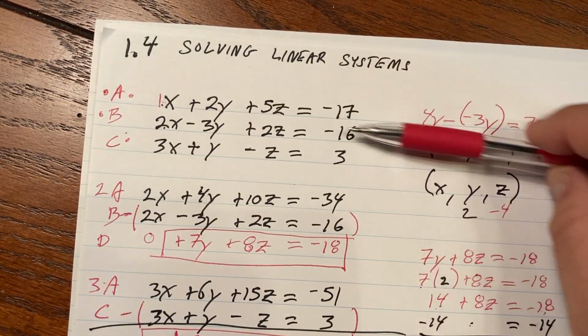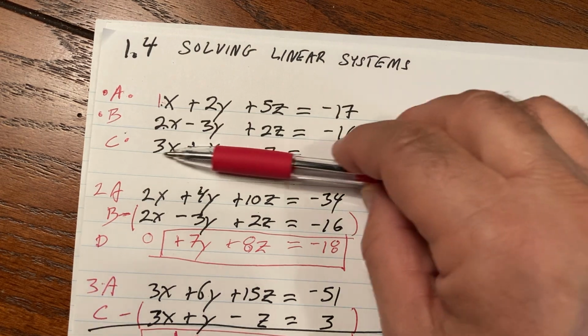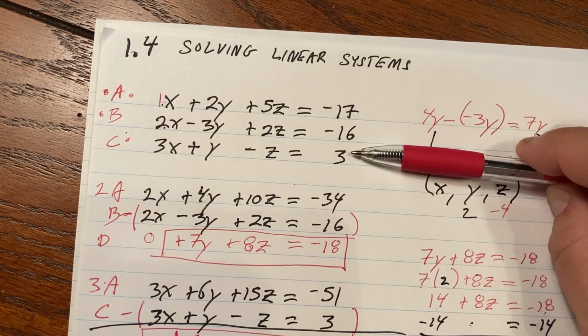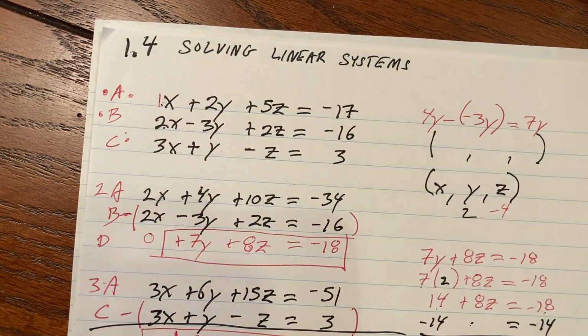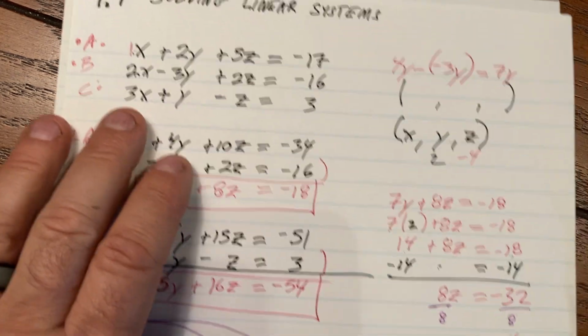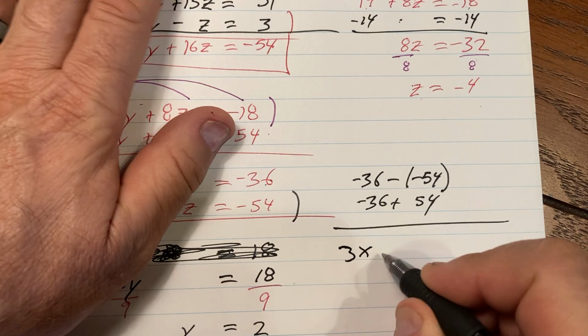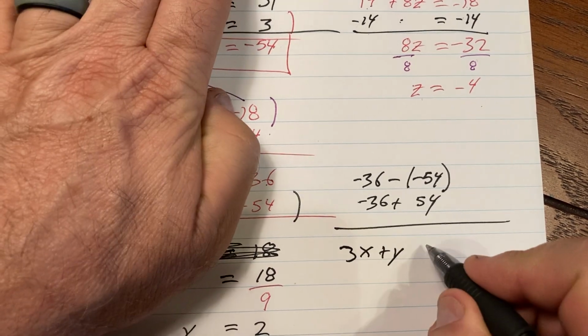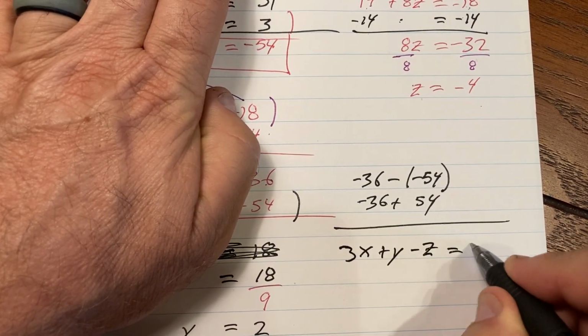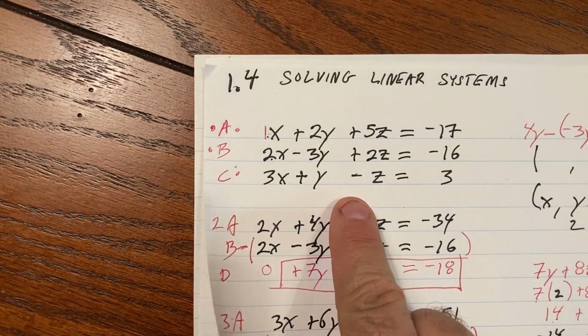Which equation to me looks like it's easiest to solve? I'm going to say that one. To me, it looks easiest to solve. So I'm going to take that equation and rewrite it down here. 3x plus y minus z equals 3. I got it from right there.